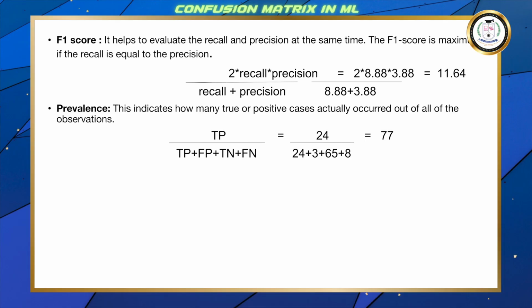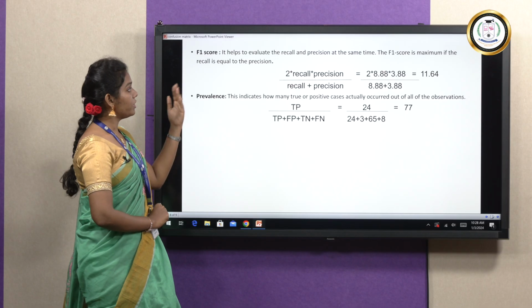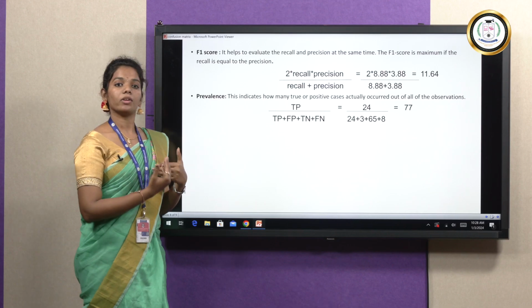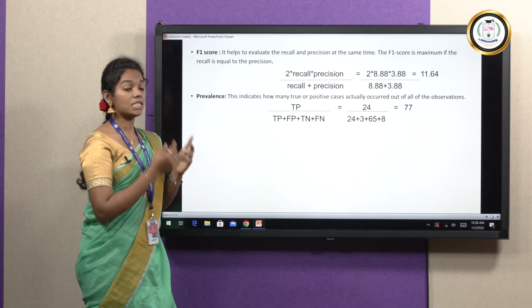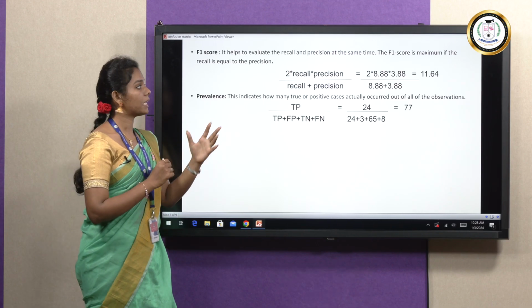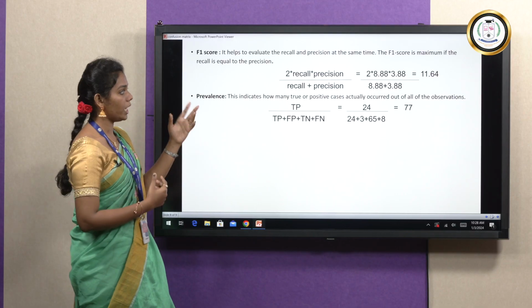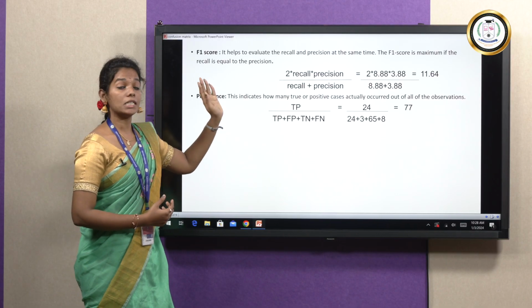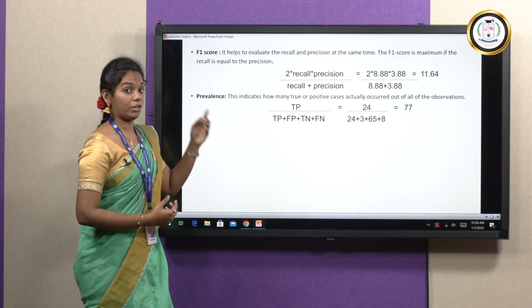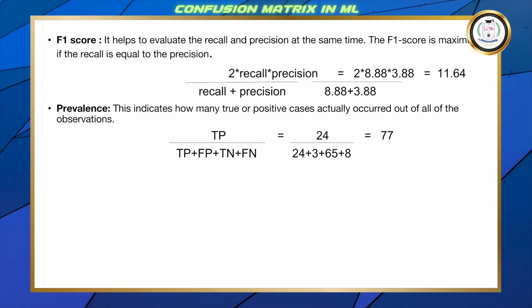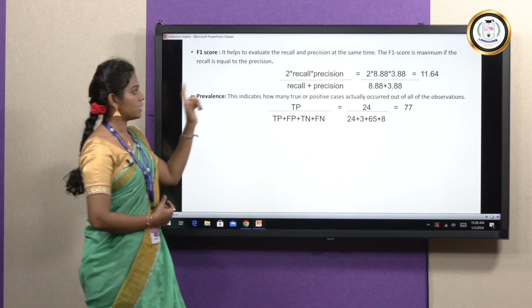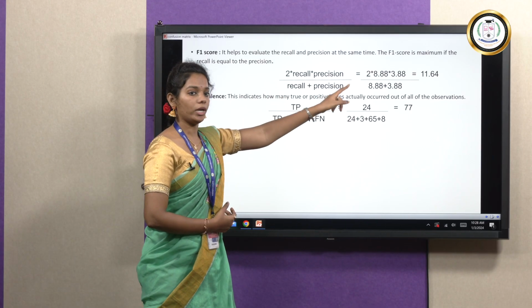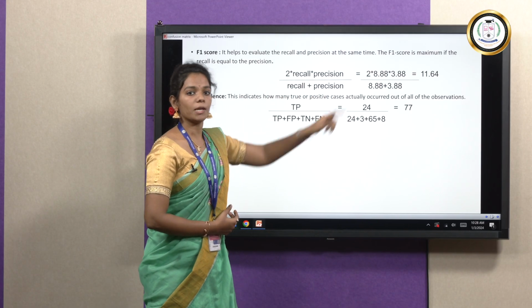And the next is, we are going to find how the F1 score will be calculated. F1 score helps to evaluate both the recall and precision at the same time. Both must be calculated at the same time, where there is a condition for this F1 score. The F1 score is maximum if and only if my recall is equal to the precision. So obviously it is not equal. See, recall value is going to be 8.8, whereas precision value is 3.8.